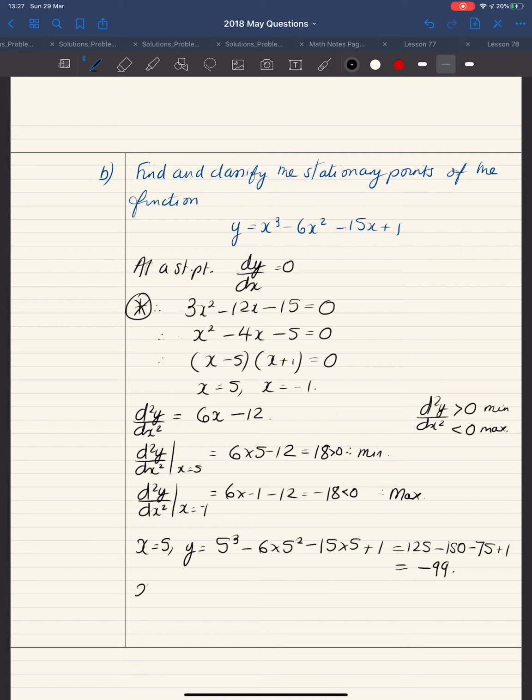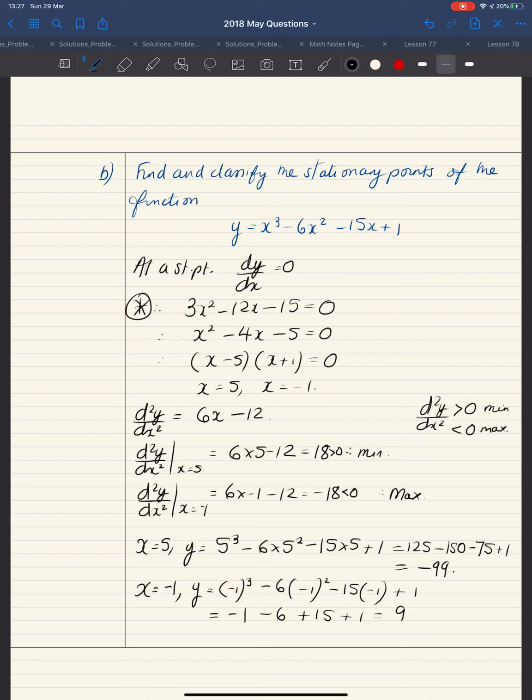And then the other one we need is x is minus 1. Y is minus 1 cubed, minus 6 times minus 1 squared, minus 15 times minus 1, plus 1. That's minus 1, minus 6, plus 15, plus 1. And that's going to be minus 7, plus 15 is 8, plus 1 is 9.